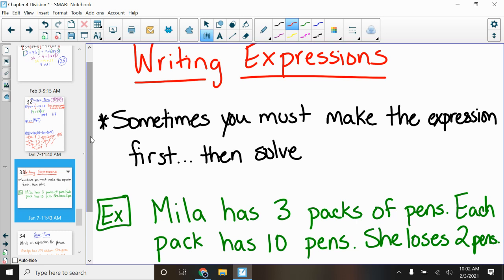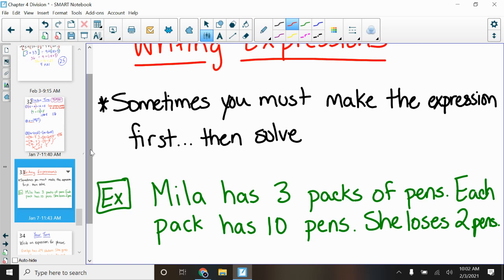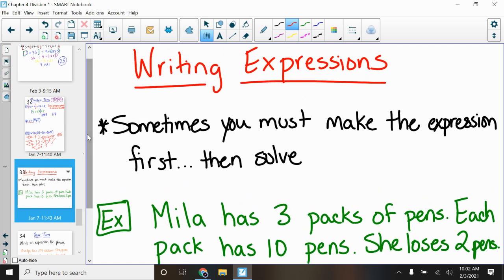First off, you need to have in your notes what our title is for this little section. We're still in the same lesson, so you don't have to go to a new page. The title is writing expressions. Remember how I started class today by giving you a word problem, a real baby word problem about Sally and Julie getting cups?